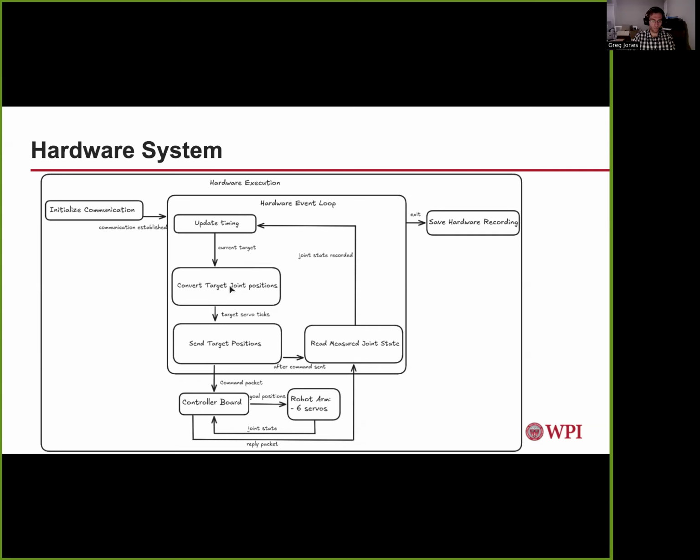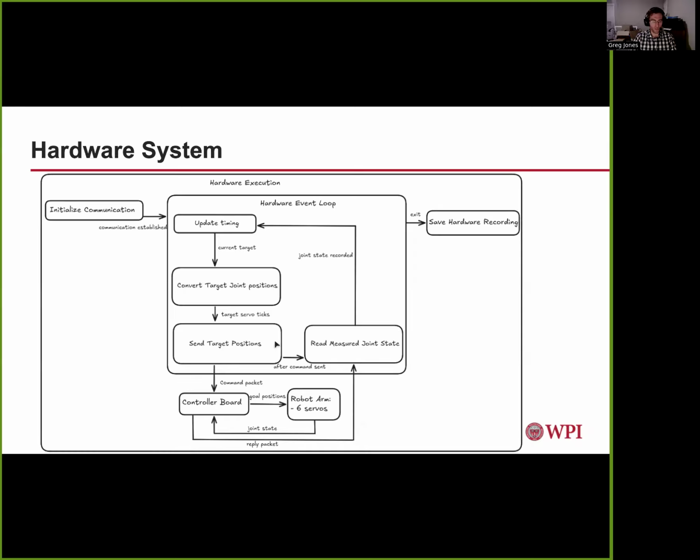That conversion was based on a calibration mapping that I wrote. The calibration file was generated using a LeRobot script that already existed that we used, but I wrote the code to parse the calibration file and then actually do the mapping from radians to ticks.